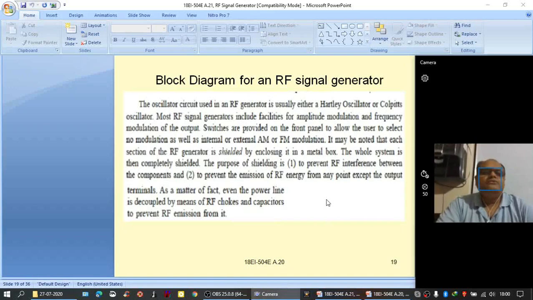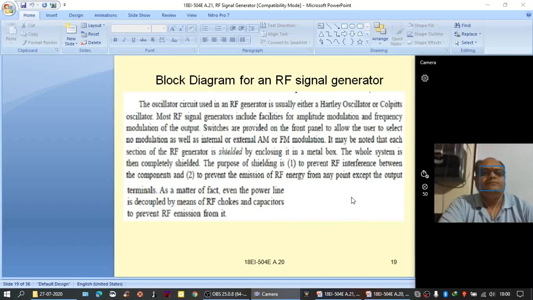By doing so, we are allowing only the output generated from the RF signal generator to be made available at the output of the function generator, and all other radio frequency signals are bypassed to earth.